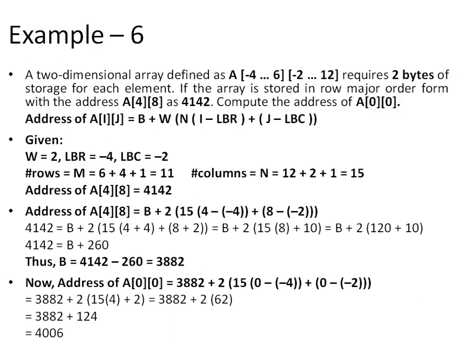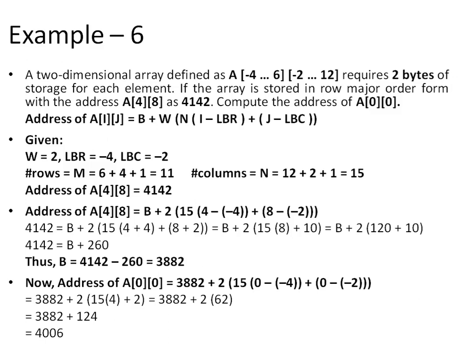Now, this is the last example for this session. We are provided with the address of element A4, 8 as 4142. Bytes per element of the array is 2 bytes. Direct values of the number of rows and columns are not given. So we will compute them using the provided lower and upper bounds as we have done in the previous example. We have to compute the address of element A0, 0. It is given that elements are stored in row major order.